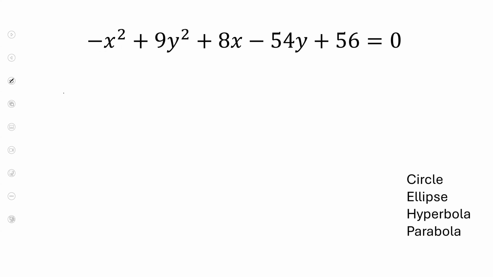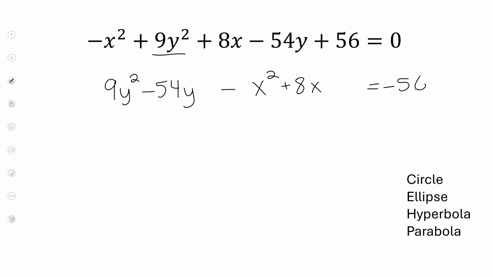Okay, so the hyperbola, I'm going to put the y in the front since it's positive. And this will go with it, the negative 54y, minus x squared plus 8x equals negative 56. Okay, I just grouped my y's together, my x's together, and I put the number on the other side. So we have to complete the square. So I need to divide both of these by a 9. So 9 is on the outside.